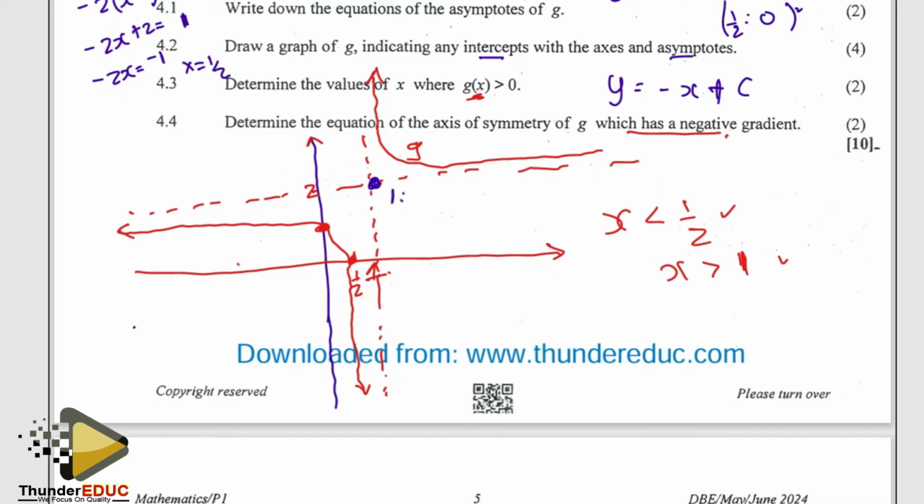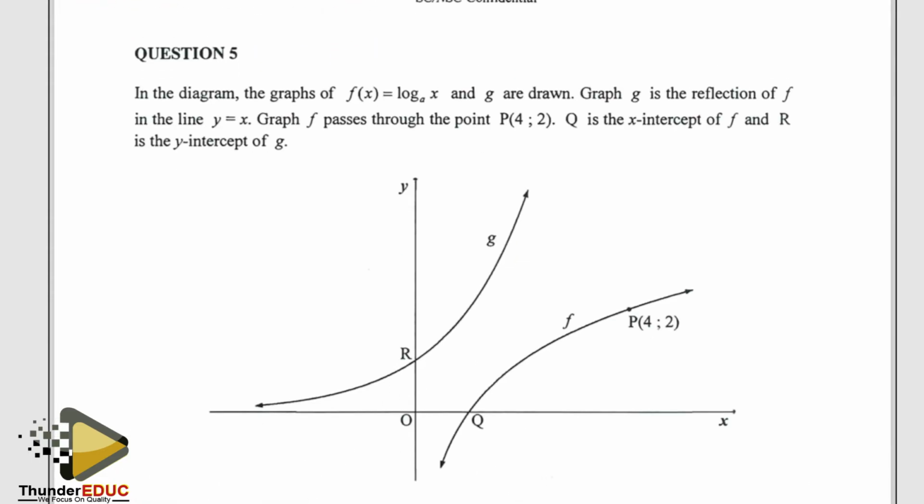That is 1 and 2. So where there is y, replace it to where there is x, let's put a negative 1 plus c, so which means ours is a 3. So the equation here is going to be negative x plus 3. So guys, that's what was meant to be done under question number 4. Okay, we move on.